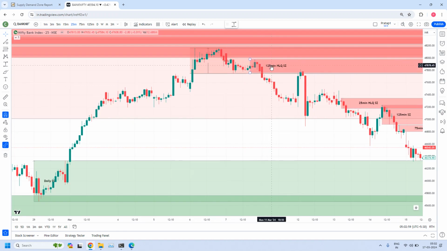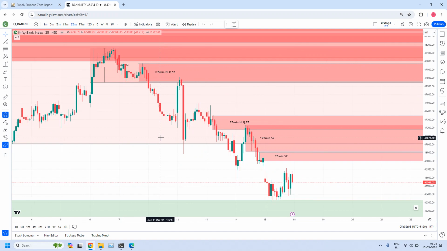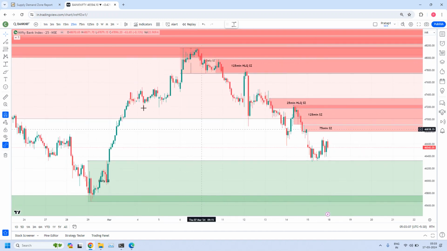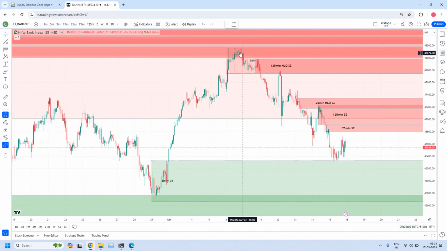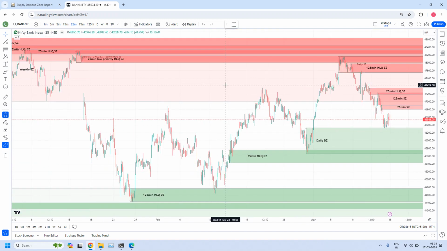Now institutions started providing more supply. That's when new zones are created after this. After this, this entire fall is happening from this 25 minutes low priority high liquidity zone. It is a high liquidity zone, but within the high liquidity, I have given low priority to these zones, the TCO and the TCZ.